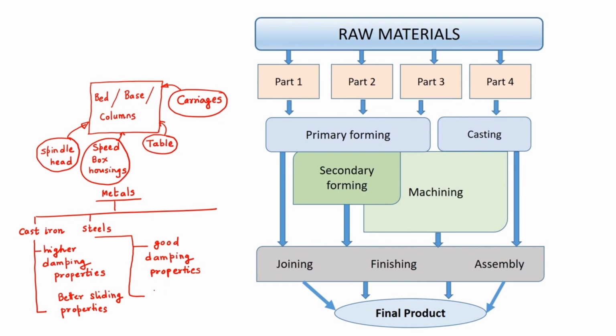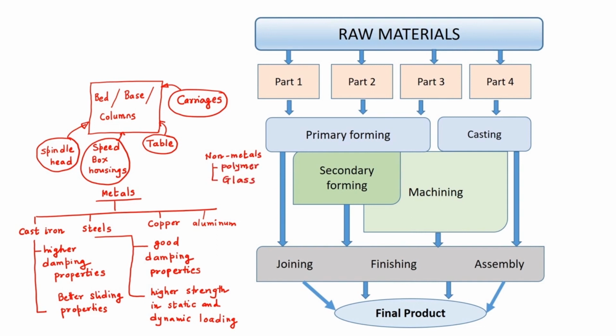There are certain other metals such as copper and aluminum that are also used in the construction of an automated system. In addition to this, there are certain non-metals such as polymers, polycarbonate sheets and glass. These are mainly used to prepare the housing or the cover of the automated system.